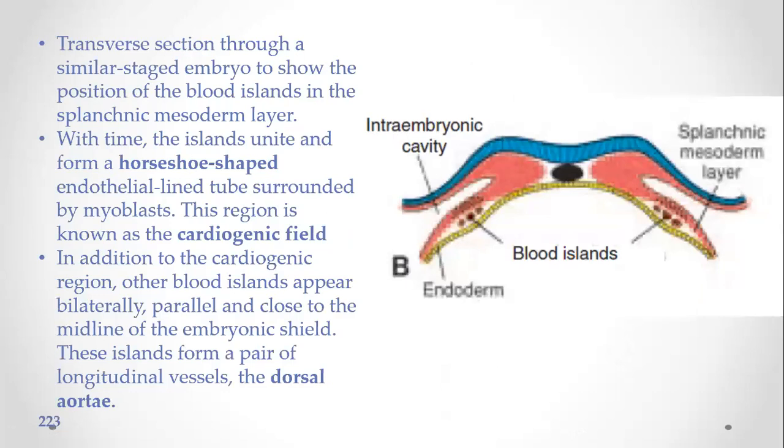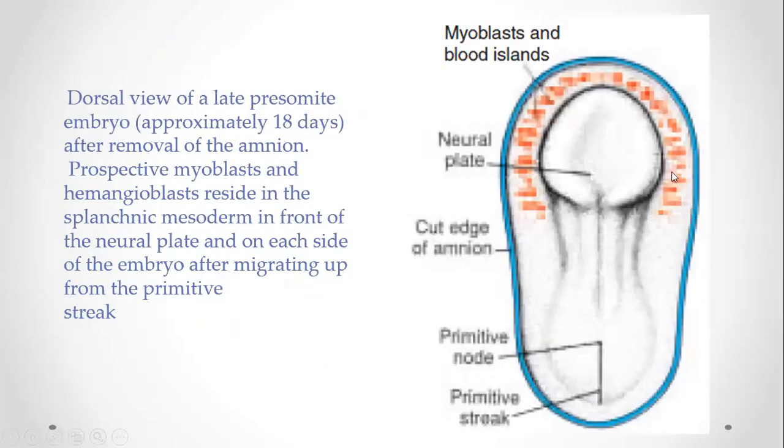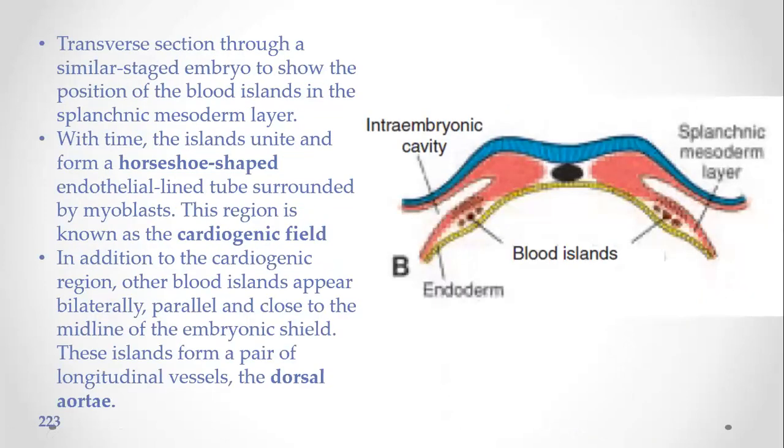If you take a transverse section of this embryo at this level and you see from the front, this is how it looks like. The transverse section through a similar stage embryo shows the position of the blood islands in the splanchnic mesoderm. Here are the blood islands.